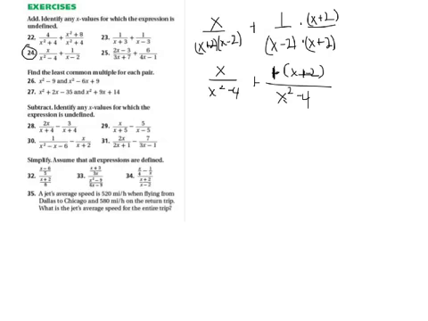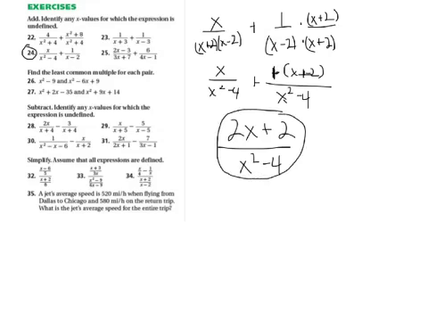So, let's see. We end up with 2x plus 2 over x squared minus 4. Nothing cancels, so that's all we got. Again, that's from doing x plus 2 on top, all over x squared minus 4.